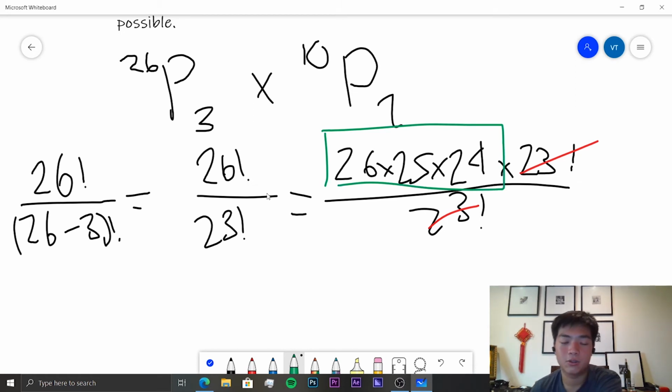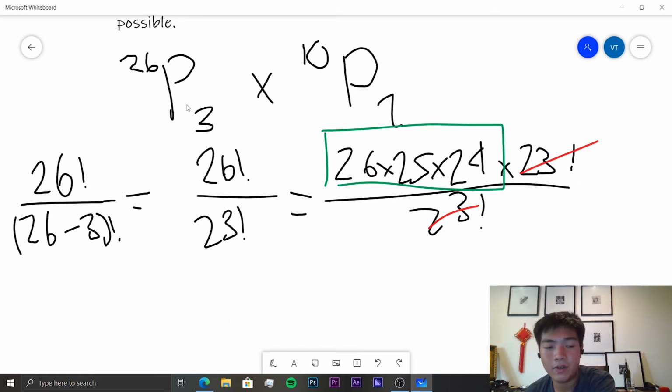So the actual shortcut to do it is whenever you're doing permutations, if it's a smallish number that you can realistically do, for 26 permutation 3 you simply get the 3 largest integers that are equal to or less than 26. So you just count backwards from 26 the number of objects you need to pick.